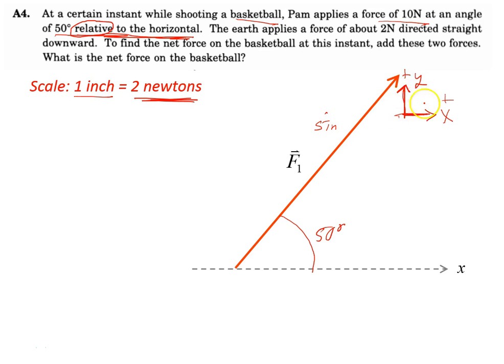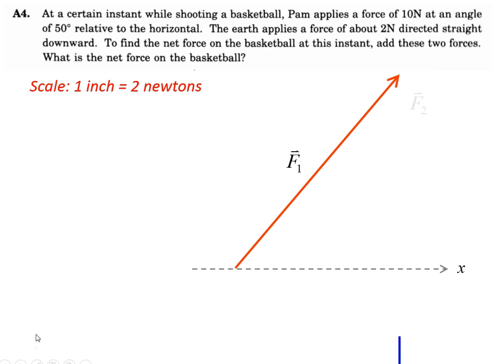My coordinate axis is going to get in the way, so I'm going to erase everything I've done here. Okay, now we got that out of the way. Now comes gravity. It's straight down, and it's going to be 2 newtons, so it should be 1 inch long. That's 1 inch. Now the resultant.